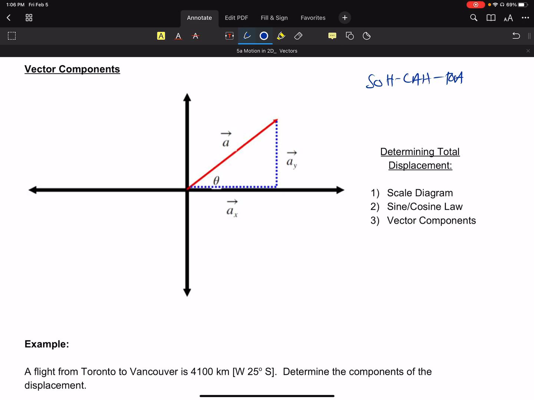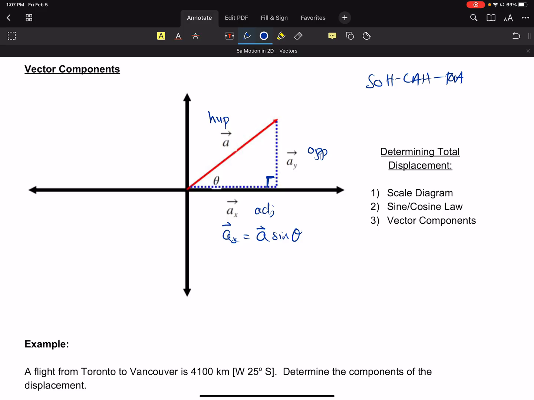Okay. So if this is my angle that I have, that's my opposite. This is my adjacent, and that's my hypotenuse. Your hypotenuse is always opposite your right angle. So AX is going to equal A sine theta. The value of your X component is going to be A, the magnitude of your vector, times sine theta.